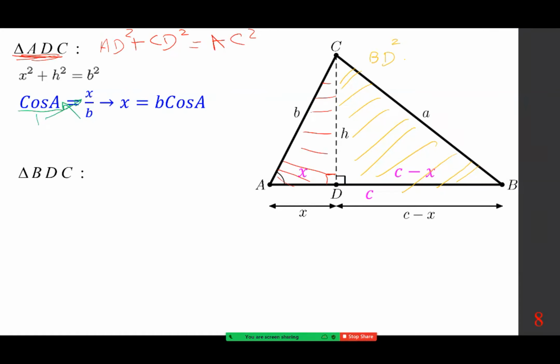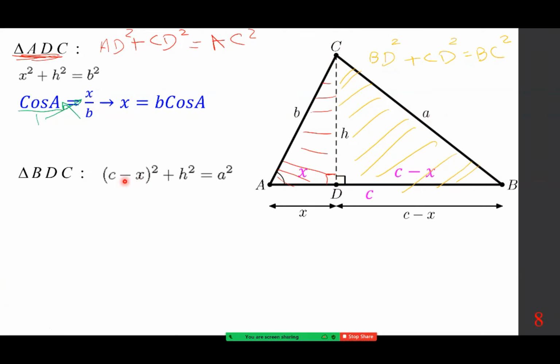BD squared, one side, plus CD squared, another side, equals BC squared, the hypotenuse squared. So what is BD? C minus X, that's quantity squared. What is CD? H squared. What is BC? A squared. So we write that.